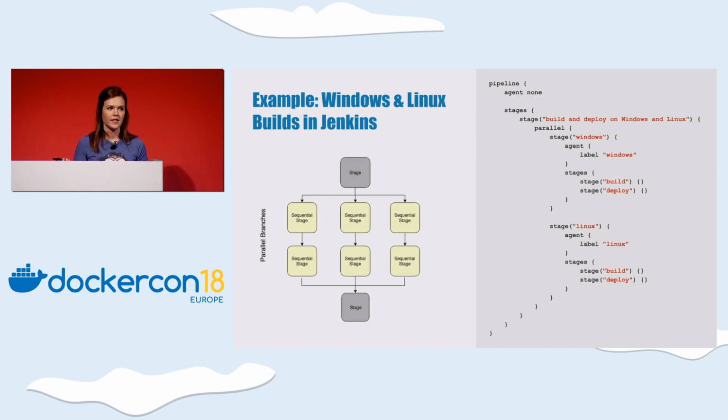So over on the right-hand side, we have this very beautiful pipeline. And we can see we have, under this parallel heading, the stage Windows and then stage Linux, which are changing up if it's running on Linux or Windows and running build and deploy stages sequentially in each of those.